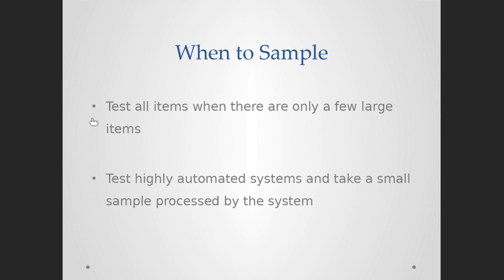Only 10 of them. So this is a large category. You don't need to sample from that category. You need to look at all of them because they're all large. And if there is a mistake in any one of these numbers, the mistake is going to be large. So you want to look at every single one of them. So there are only few large items. You want to look at all of those large items. No need to sample from that category.